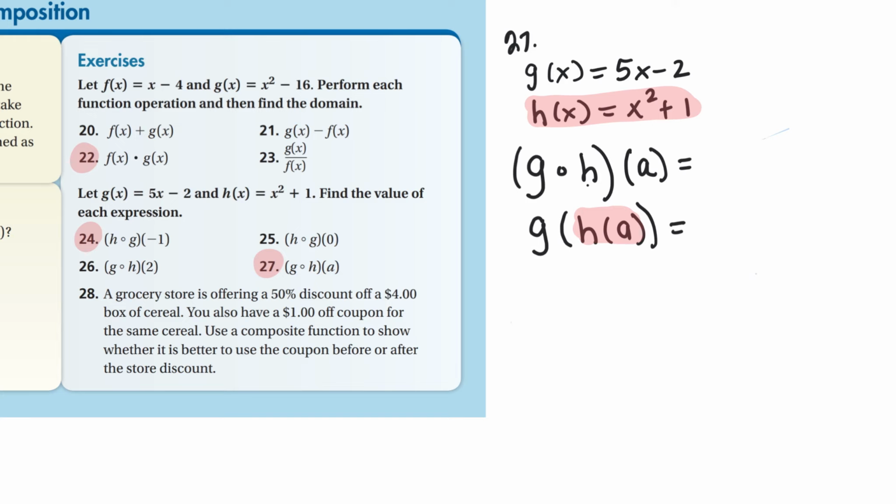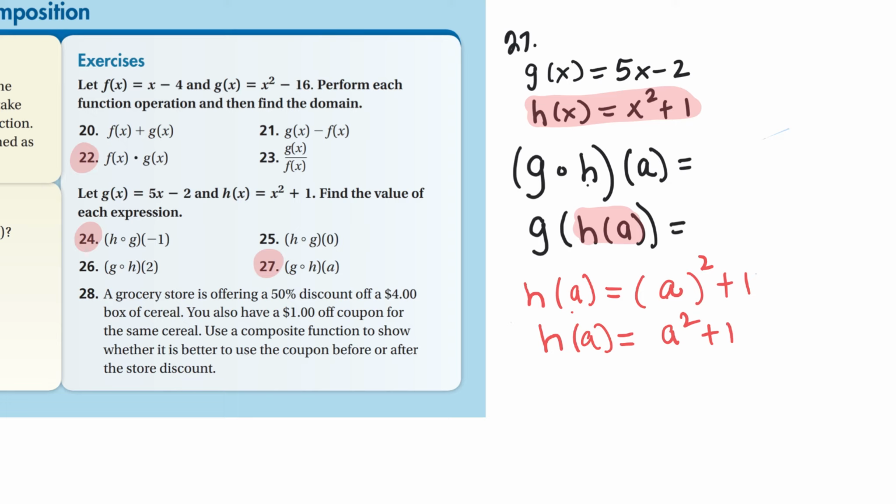So I'm going to use the red pen to show the work. So you have h of a equals parentheses squared plus 1. So what do you put in there? You write a. So what will be h of a? Well, a to the second power is a squared plus 1.